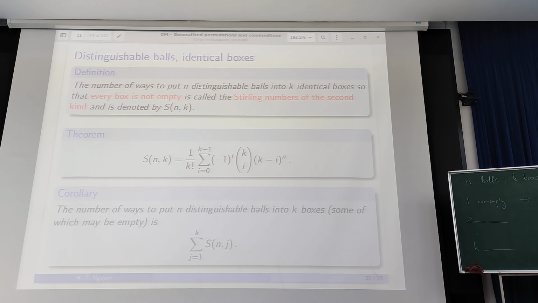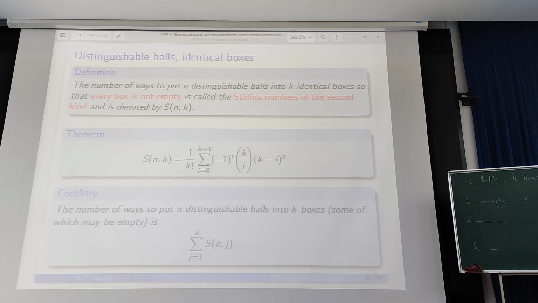So here we have the balls, N balls are different. The boxes are the same. Only the number of balls in each box counts. So here the people are different, so the people correspond to the balls in terms of this definition, and the offices are the equivalents of the boxes.